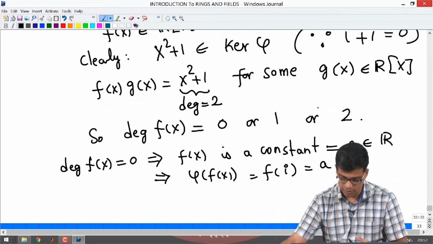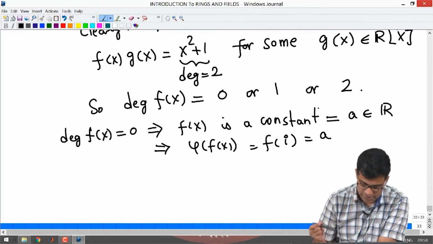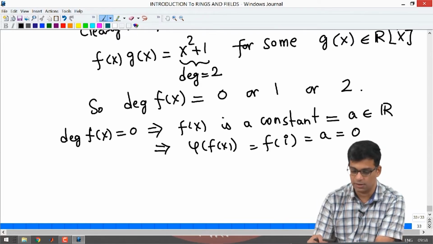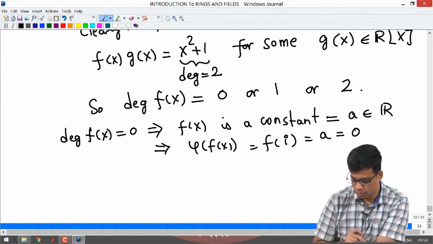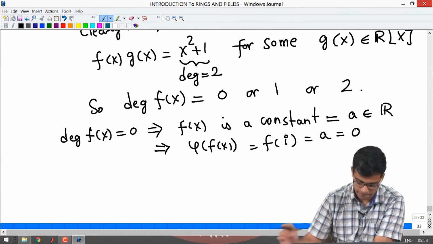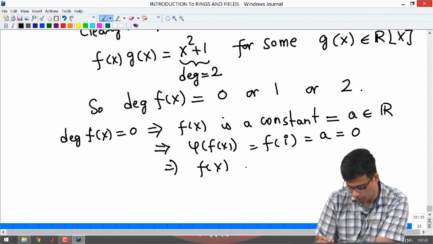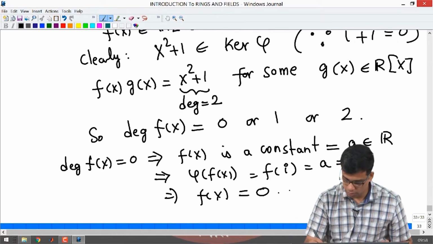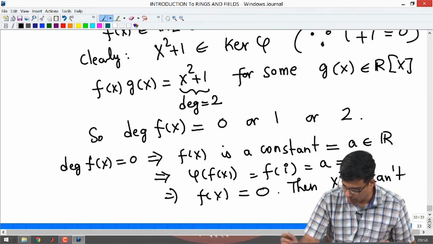So a goes to a. But f is the generator of the kernel, and in particular f is in the kernel, so phi of f is 0. That means a is 0, that means f is 0. But now this is a problem, because if f is 0, how can x squared plus 1 be a multiple of 0? x squared plus 1 then can't be a multiple of 0.